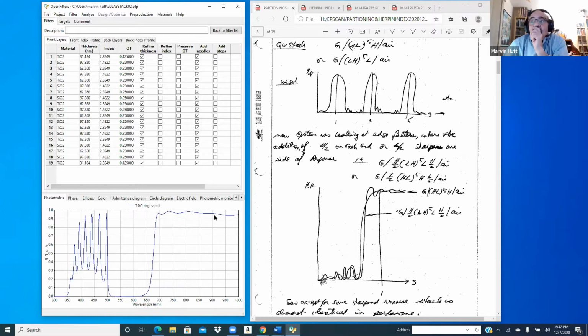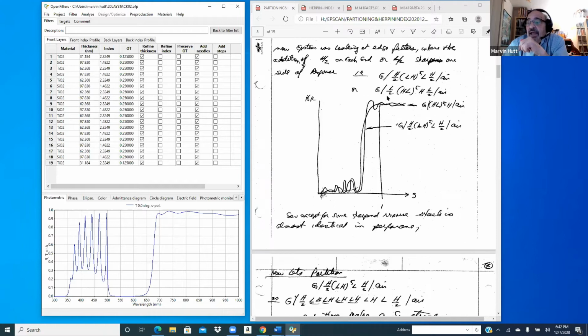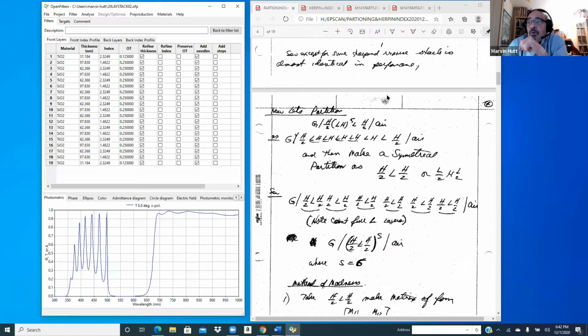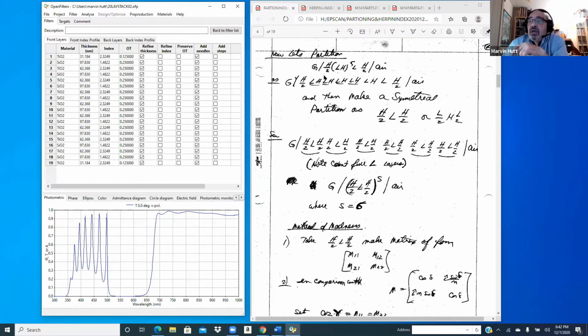So what we've done is add a quarter wave here. So he has said that this thing is now partitioned as H on 2, L, H on 2, or we're going to break this out, as the machine is just written this way, and partition this as H on 2, L, H on 2.